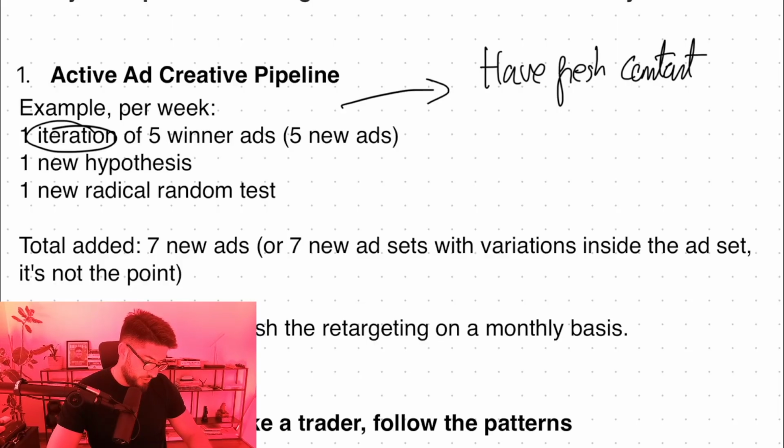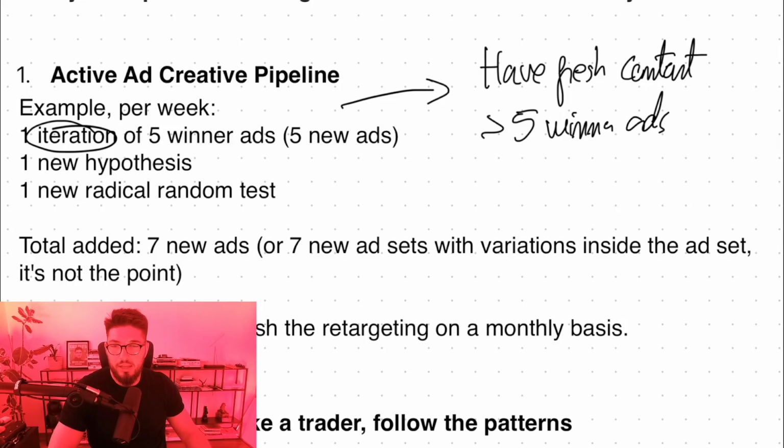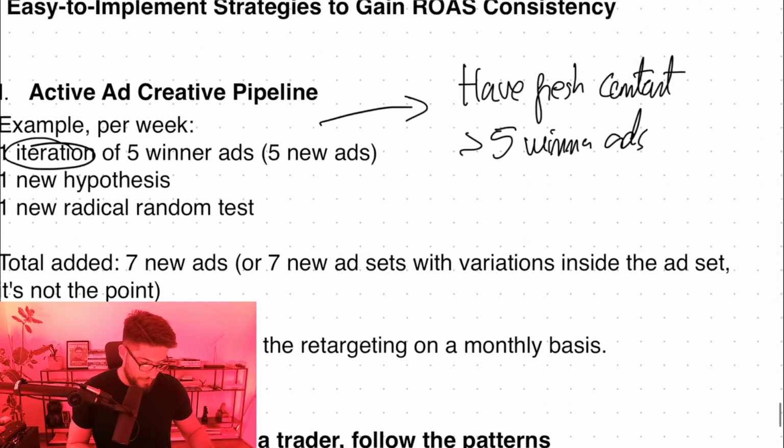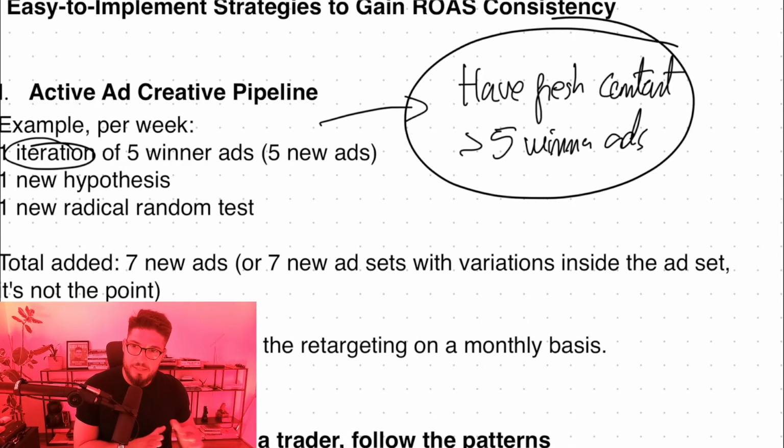And number 2, it's gonna help you have over 5 winner ads in the ad account, which is a must. If you don't have 5 winner ads, you are going to have inconsistency. There's no debate. Anyways, this is a must to gain more consistency at first.